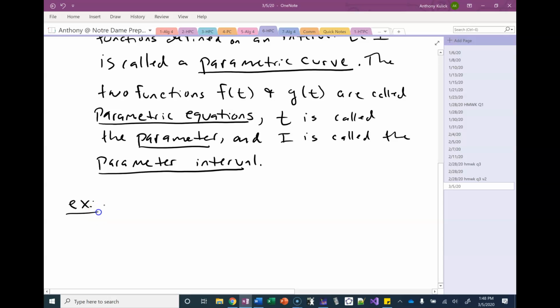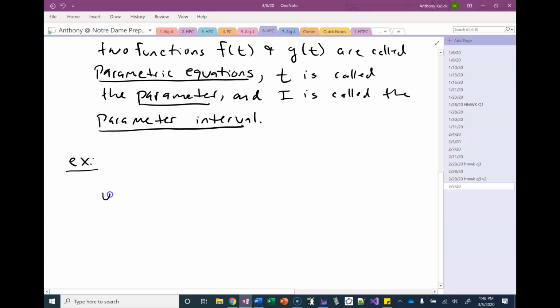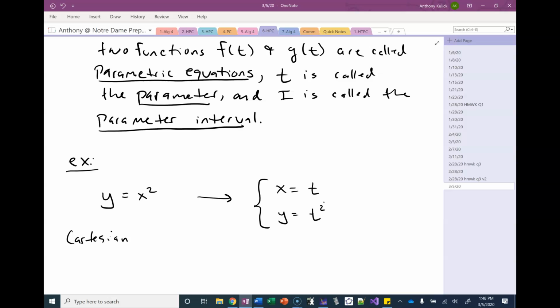So, for example, we have the Cartesian equation, y equals x squared, right? This is what you would have done in your algebra class. We can rewrite this as a parametric function where we're going to have two equations, one that tells us how to find our x coordinate and one that tells us how to find our y coordinate.